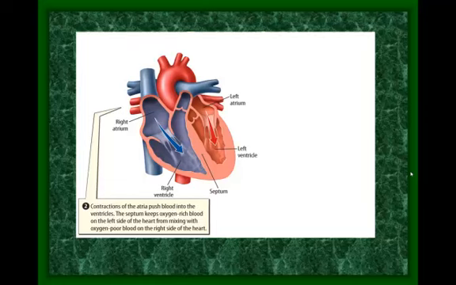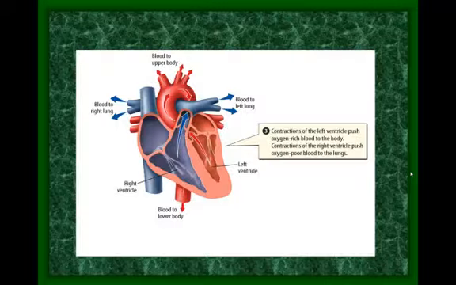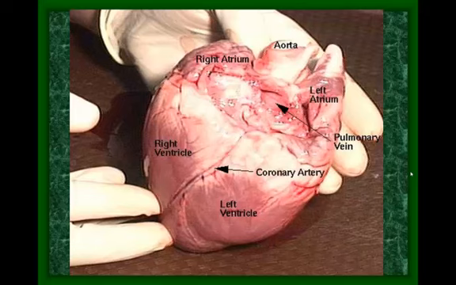The septum keeps the oxygen-rich blood on the left side of the heart from mixing with the oxygen-poor blood that's on the right side of the heart. Contractions of the left ventricle are going to push that oxygen-rich blood to the body, and contractions of the right ventricle are going to push that oxygen-poor blood to the lungs. Just what we've been talking about. And here's externally where you can see the right atrium, left atrium, the right ventricle, and the left ventricle.